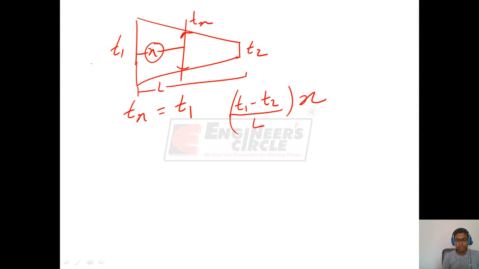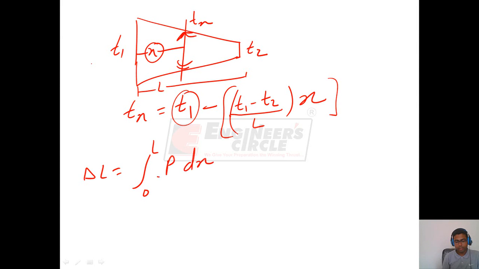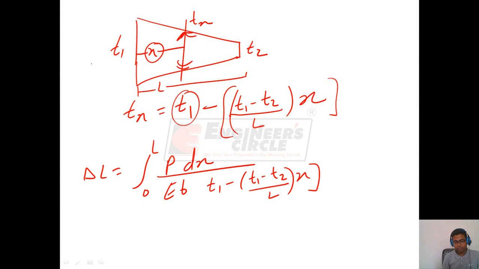The initial thickness is T1, and the change over the length x is this. So the thickness at any location x will be T1 minus this. Putting it in the formula of elongation, we get integration 0 to L P dx by E B into Tx, where Tx is T1 minus (T1 minus T2) by L into x.